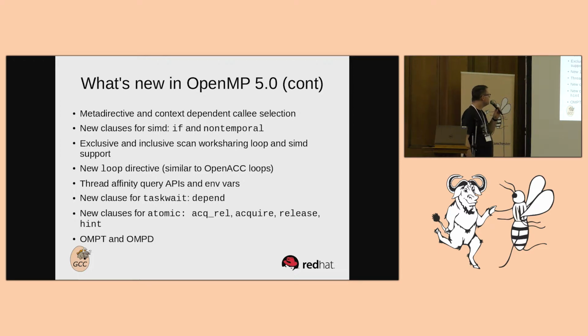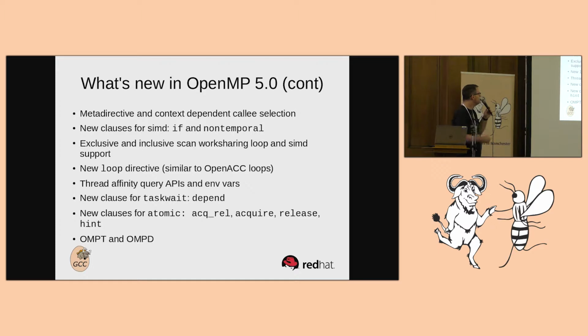The loop directive is basically saying that the loop or loop nest is independent. Iterations don't depend on each other, and you ask the implementation to go wild and implement it somehow and do it fast, and that's all the user cares. And there are no dependencies between the iterations. Yeah.